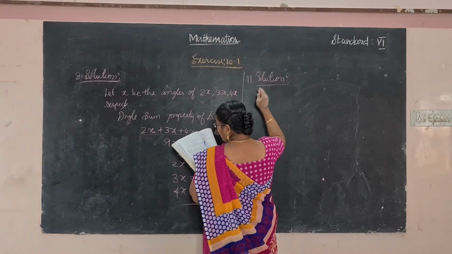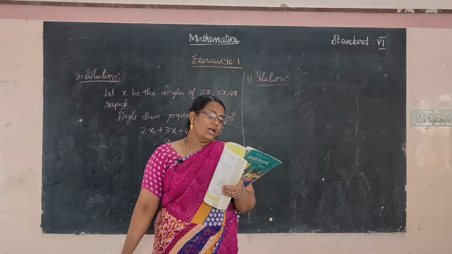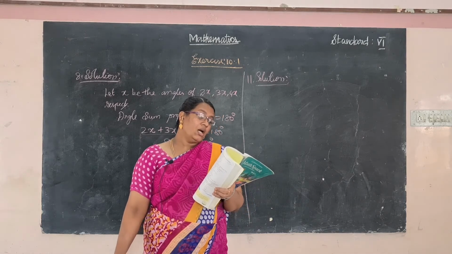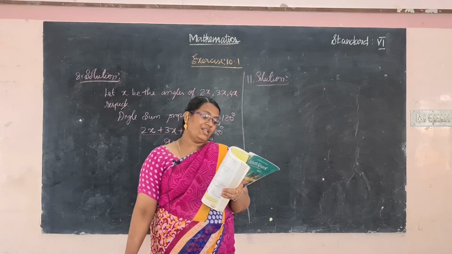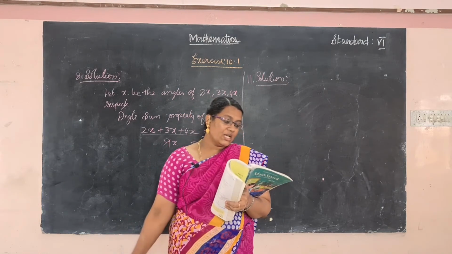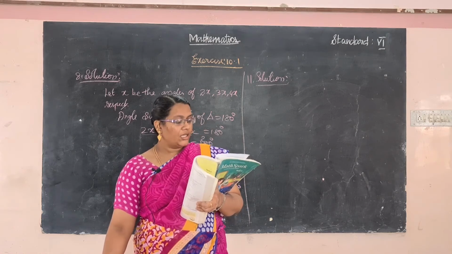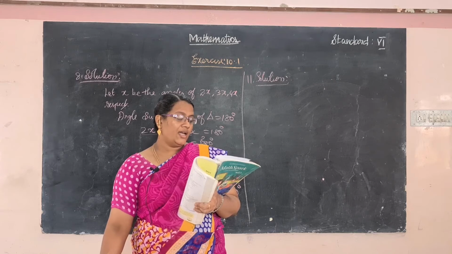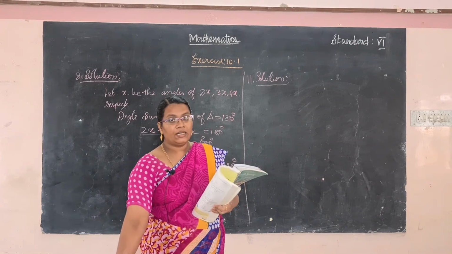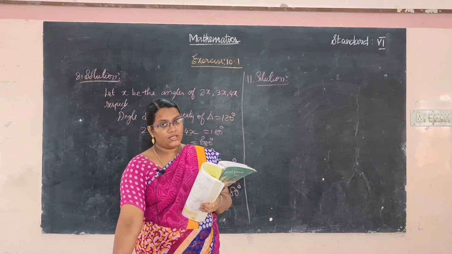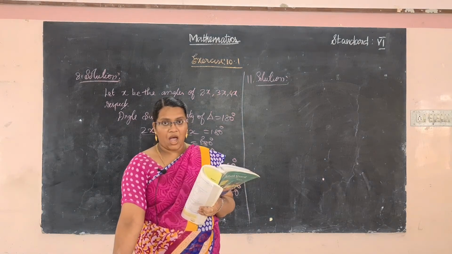11th problem. An engineer earns 90,000 per month. His monthly expenses are 55,000. Find the ratio of his expenditure to his saving, his income to his expenditure, and his income to his saving. So the engineer earns 90,000 per month and the expenses are 55,000. First we have to calculate the saving amount.